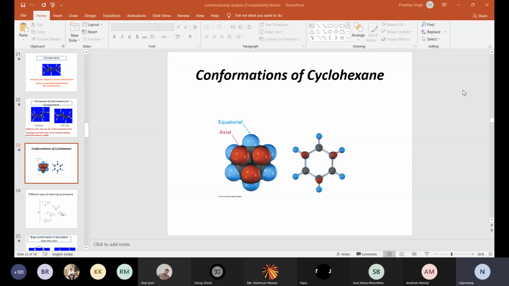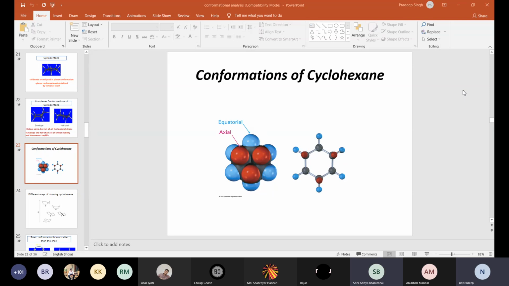Please go and look into the Gauche-butane and syn-pentane interactions. I also discussed cyclopropane, 21 degree, and cyclobutane, 35 degree. And for cyclopentane, I said that it exists in both the half chair and envelope forms with the same energy, so they interconvert very rapidly. That's the take-home message of this class.